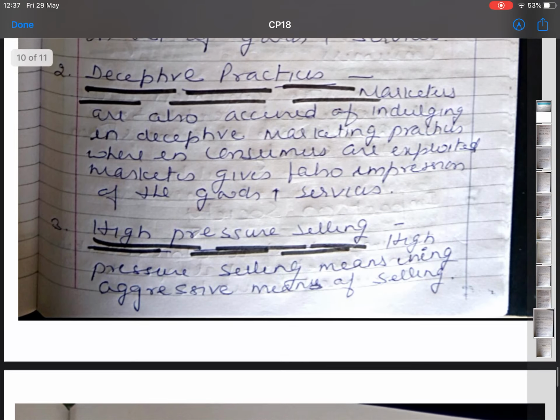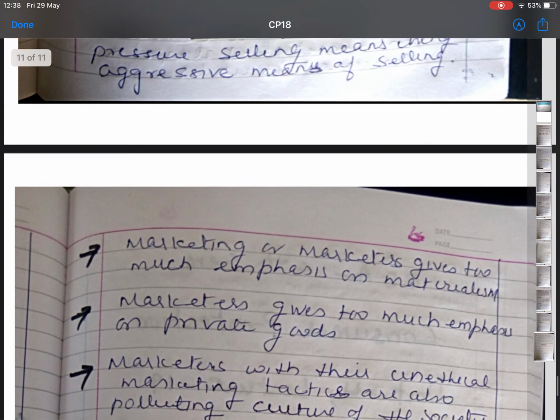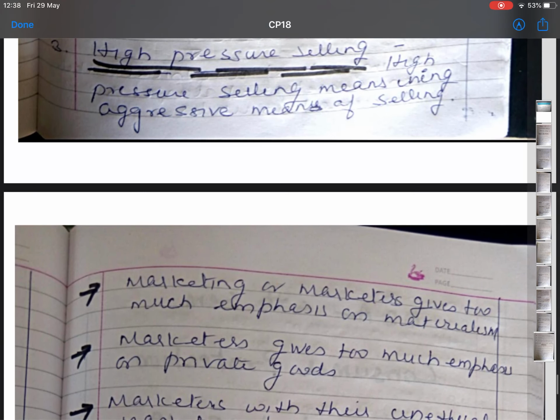Now the next one is impact on society in general. The impact of unethical practices on society can be studied as under. There is too much emphasis on materialism. Marketers are strongly charged that the marketing system, through its subsystem, that is advertising, is responsible for creating an environment of materialism in society in general.